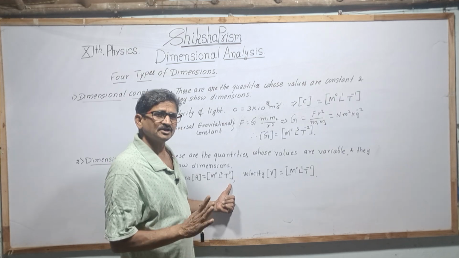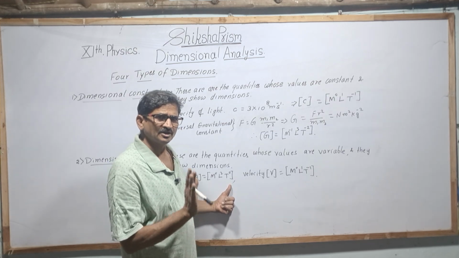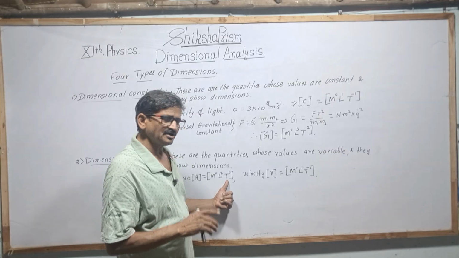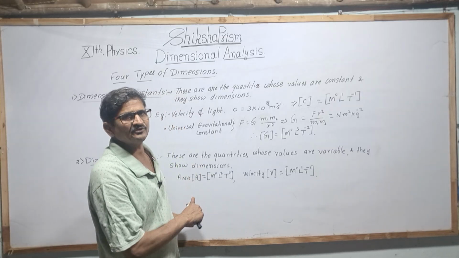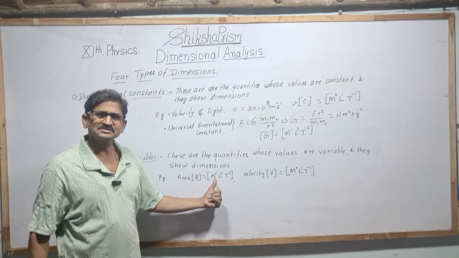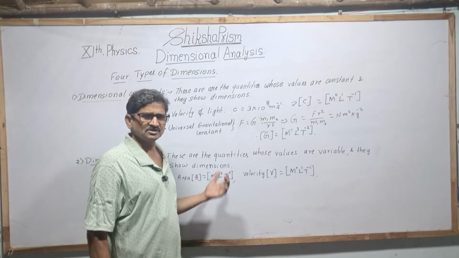Time is not playing any role in the measurement of area, that's why you write t to the power 0. This is the dimension formula. But here length changes, area changes. This is not a constant, it is a variable.